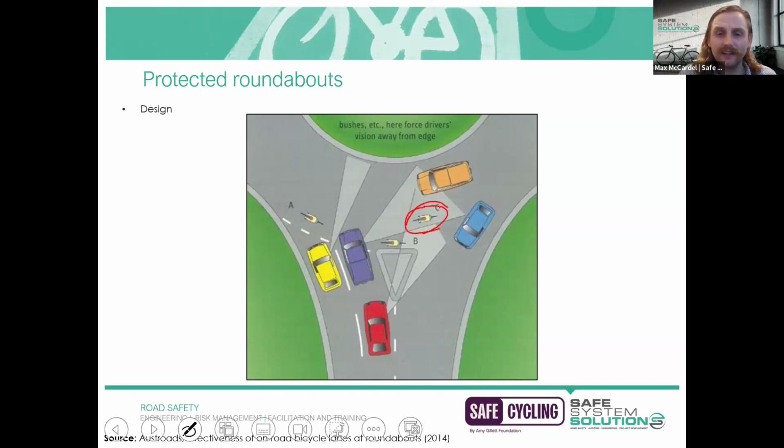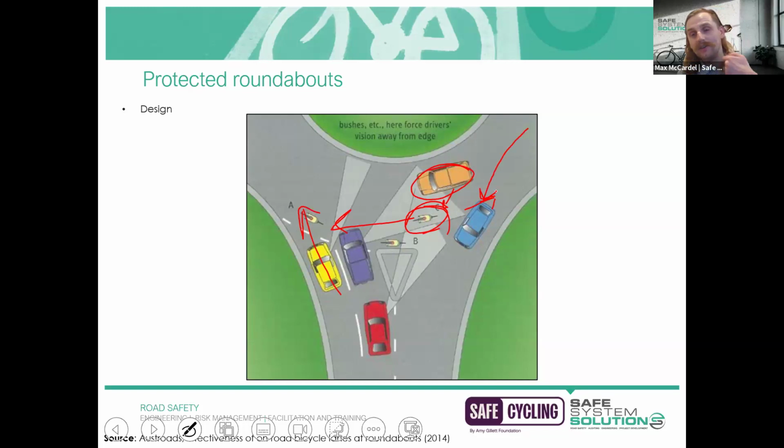The rider C, so there's a few different scenarios where the rider C may be impacted. The yellow one could come out, and that's where that type of collision can occur. Sideswipe crashes can occur, so just the orange vehicle failing to maintain within their traffic lane. But also if we put C back a little bit, as that blue vehicle is exiting, there's that possibility of a collision there.